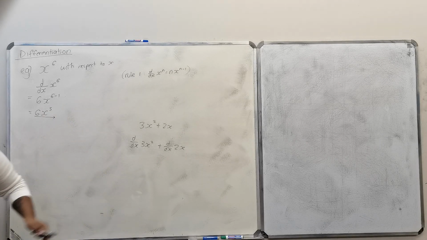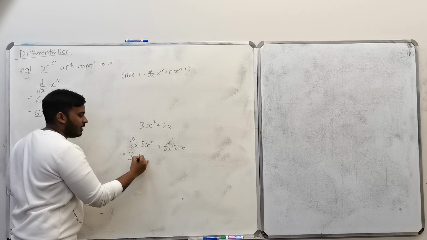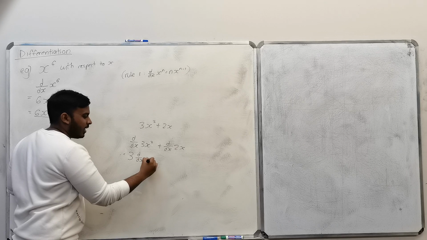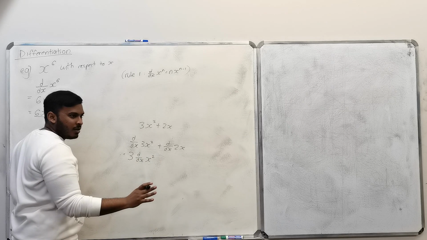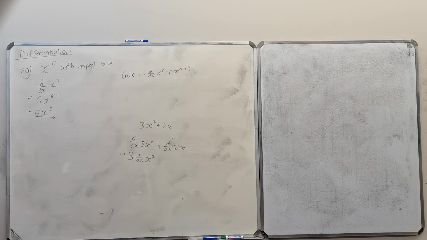So you take out the 3. It would have been 3 d over dx x squared. I took out the constant. Taking out the constant is rule number 2. See, you have d over dx k x to the power n.